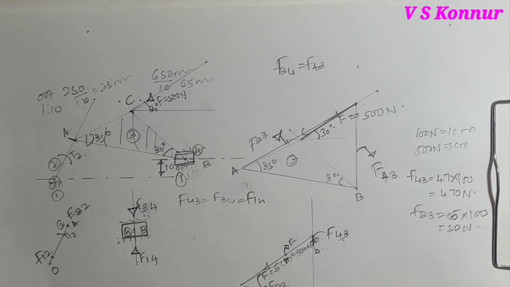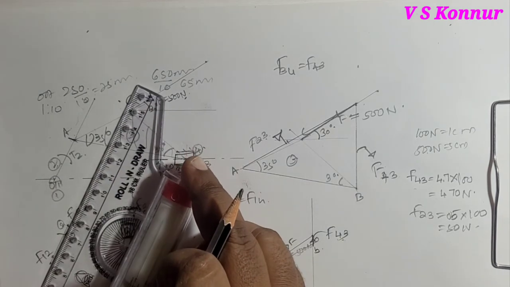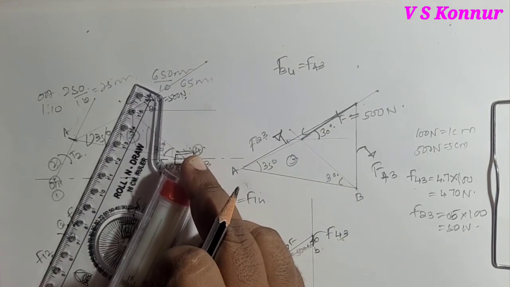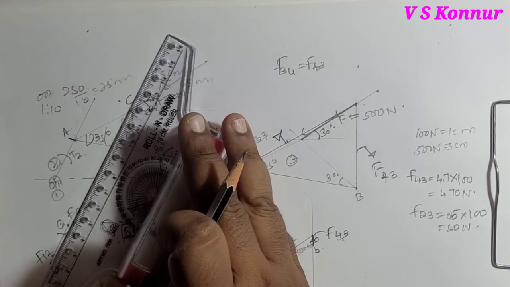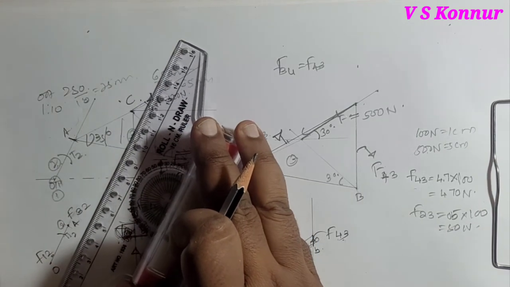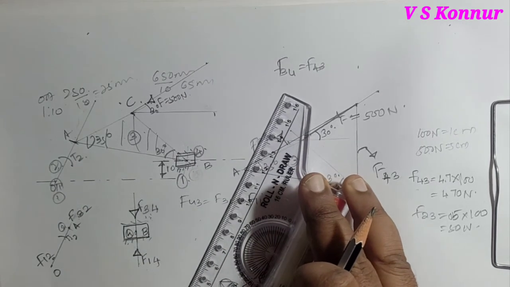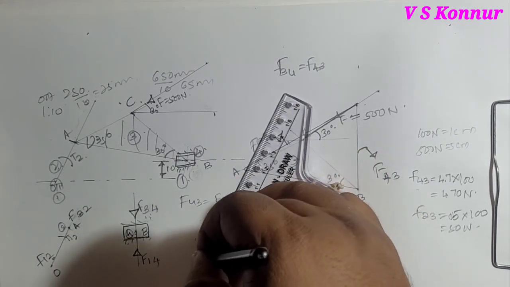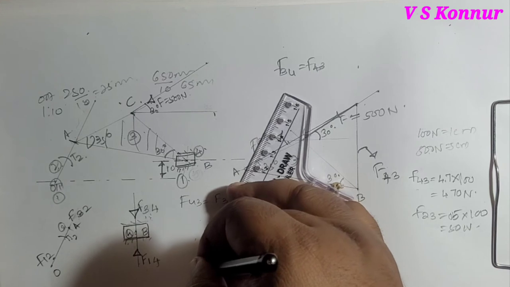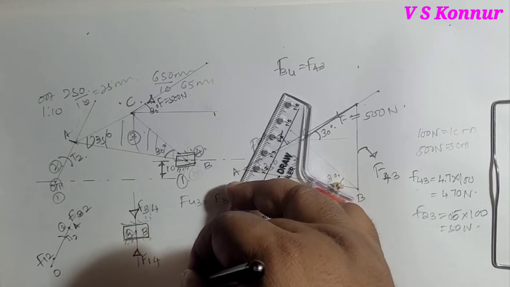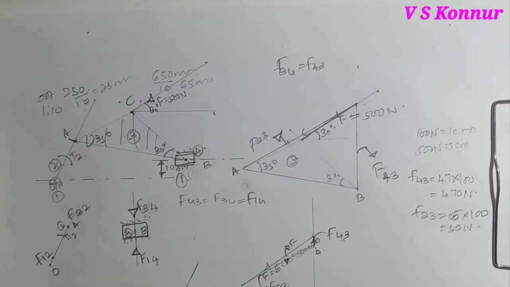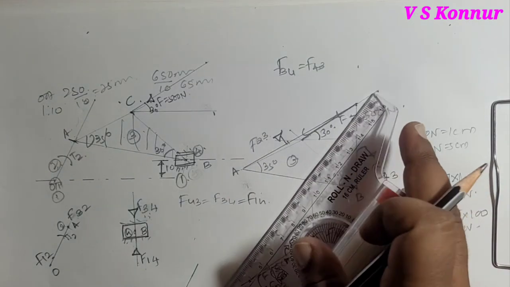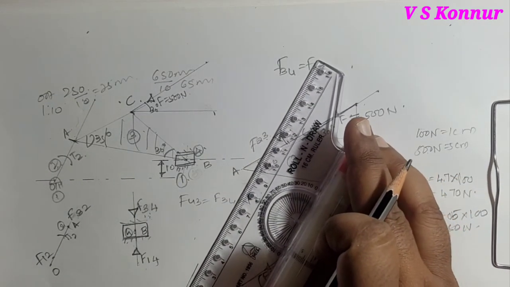Now draw this force. Second link once again you have to draw. We will draw here once again the second link, which is 25. We'll check whether it is 25 or not.